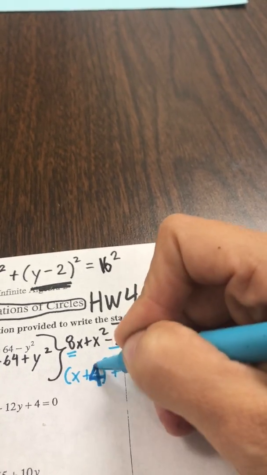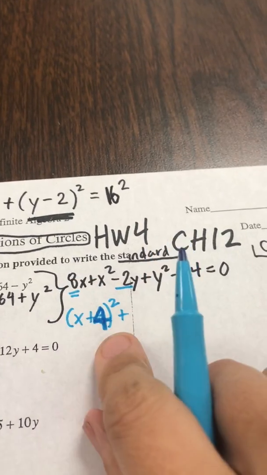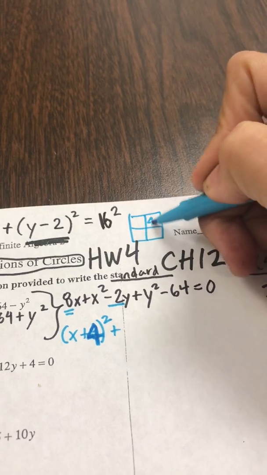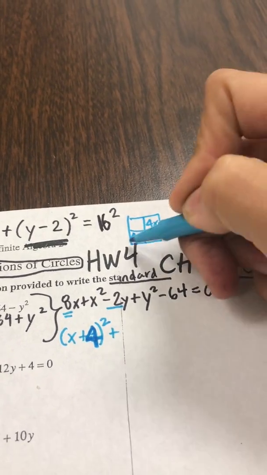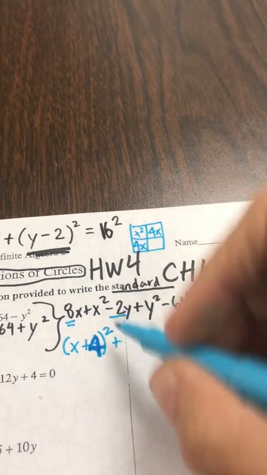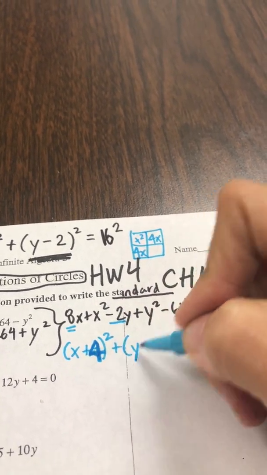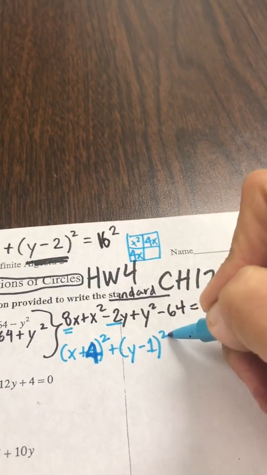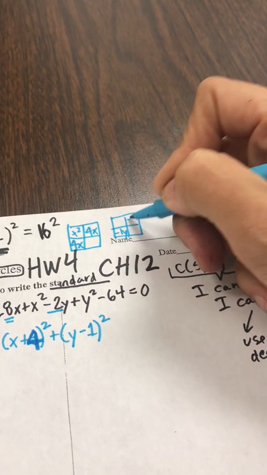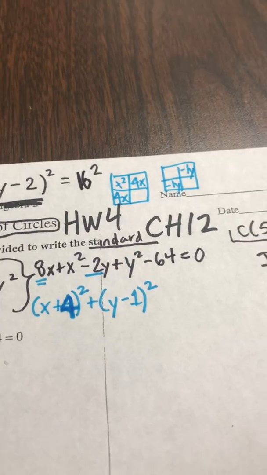Okay, so half of that would make that, and that should make sense, that would be a 4x and a 4x, and that's how we get 8x. Here, the number in front of the y, divide that in half, so that'd be y minus 1 squared. And again, it should make sense. That's negative 1y, negative 1y. If you add those together, you get negative 2y.